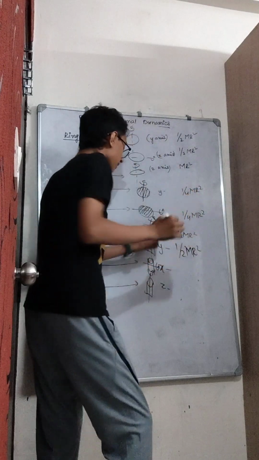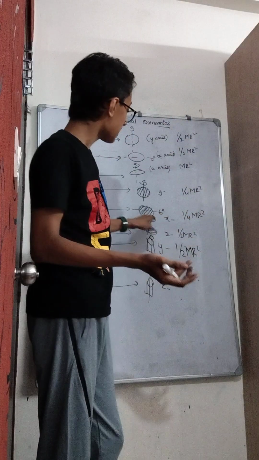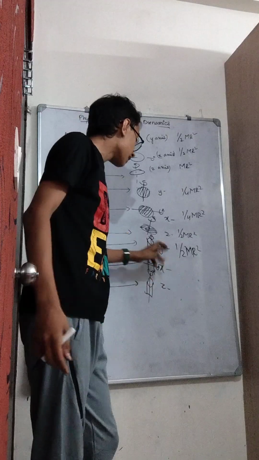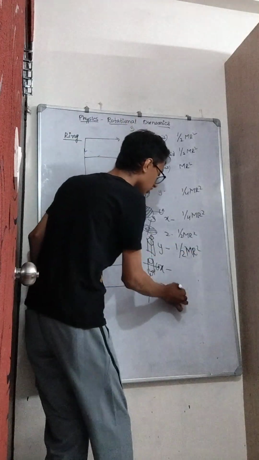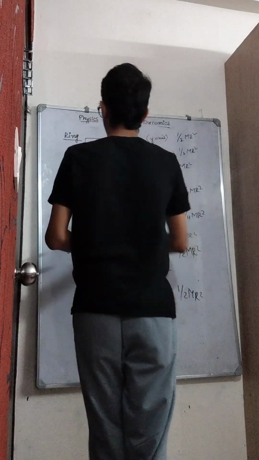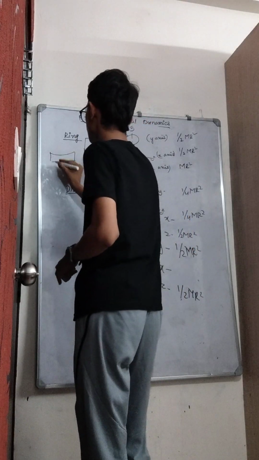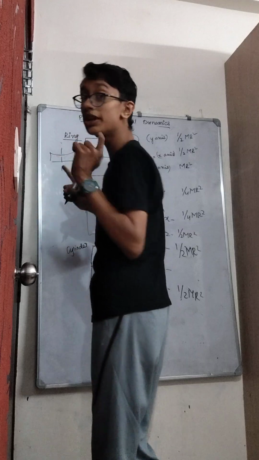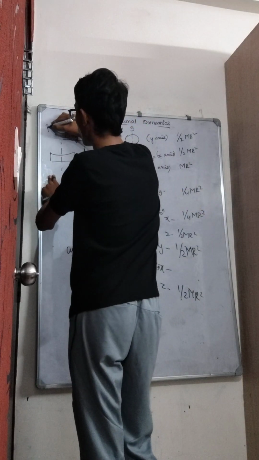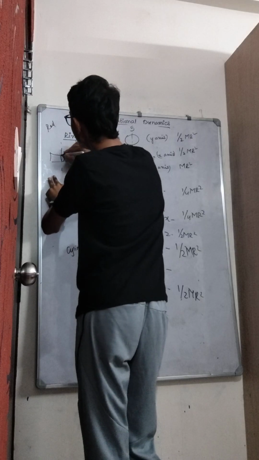m r square, because see now if I extend a disc, this is a disc, and if I extend it like this, I'll get a cylinder. So that means it will be the same moment of inertia. This also will be the same moment of inertia. But now this one, if I examine it horizontally, I'll give you tricks to remember. Now this looks like a rod, plus there is a small disc also inside.